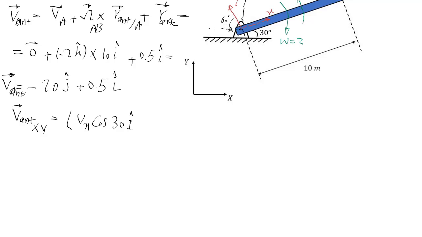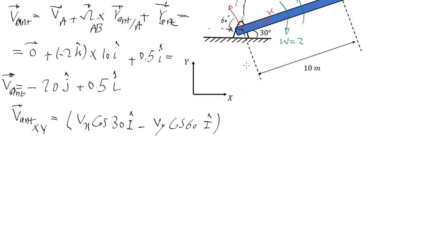So that's 30, and therefore this angle is 60 degrees. So the inertial x component of this velocity is going to be minus Vy cosine 60, again in the I direction. So both of them are in the I direction.